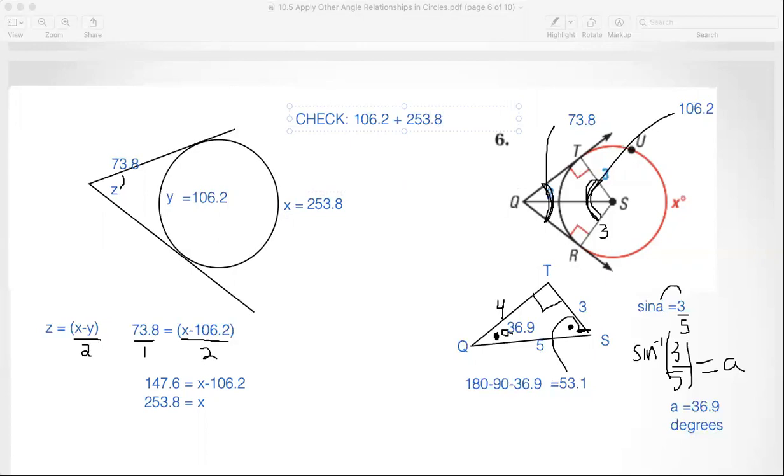Ooh, that's exactly 360. Makes me excited because we did some rounding here with our trig, but it still came out so perfect. If you got like 361 or 359, that's good, guys. Anytime you use trig, know that you're going to be rounding. But this came out perfect and makes me happy.